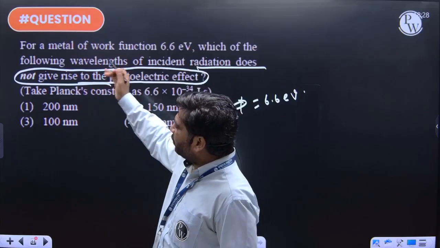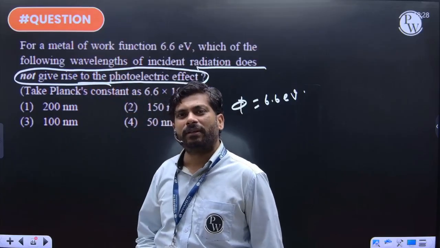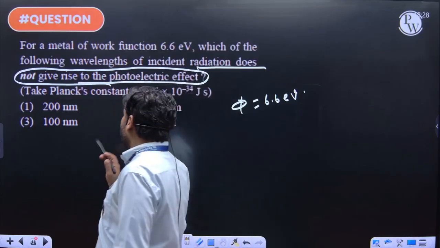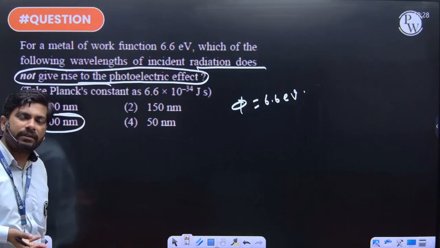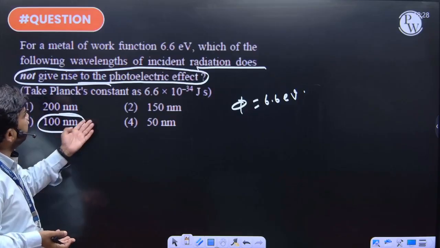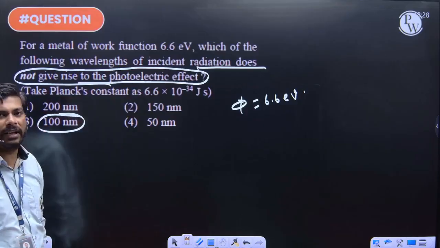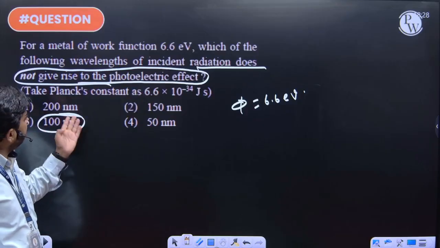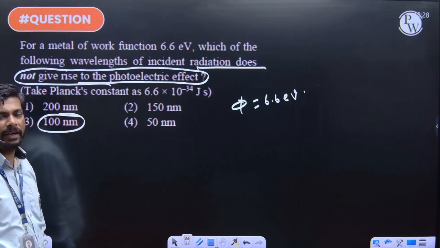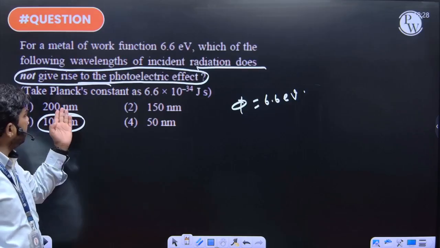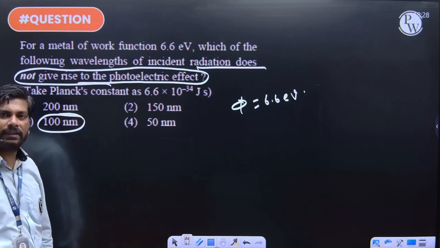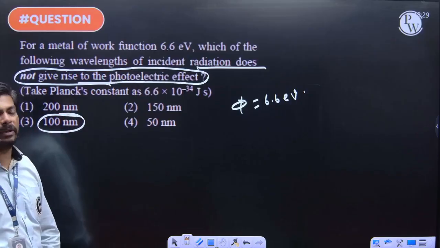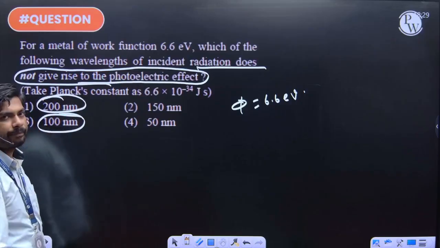Do you think you have to solve this question? No. Suppose you are given 100 nanometer. If the photoelectric effect is not happening for 100 nanometer, do you think it will happen for 200 nanometer? For 200 nanometer, the frequency will be less. Wavelength is more, frequency is less, so it is not going to happen. Otherwise it would become a multiple choice.